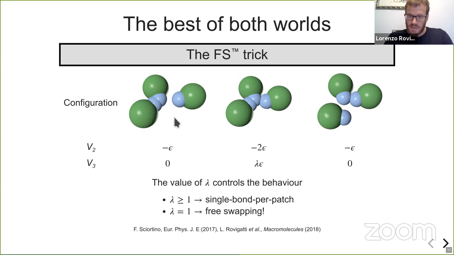It means that this process here happens without any energetic penalty. It can happen essentially for free. An interesting bit is this is still a single bond per patch condition, since this has the same energy, but it's entropically disfavored. So essentially, what this means is that for lambda equal to 1, some nice things can happen.